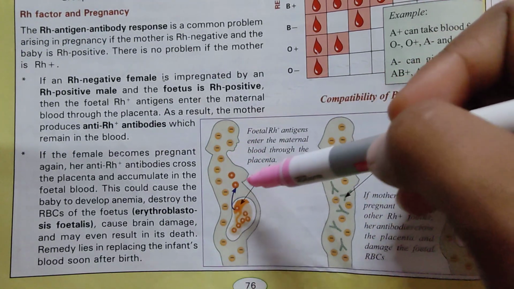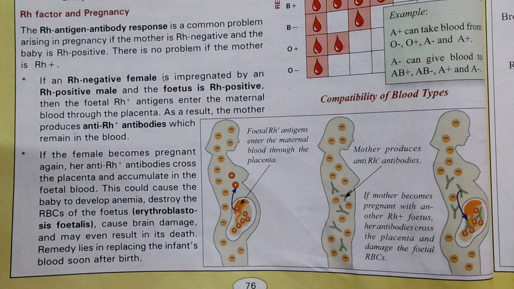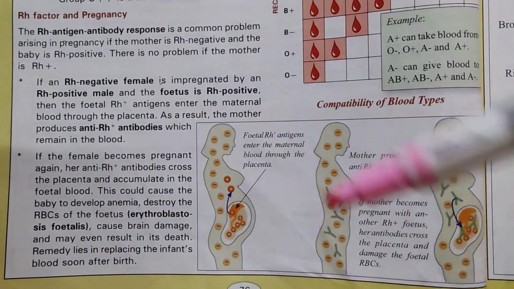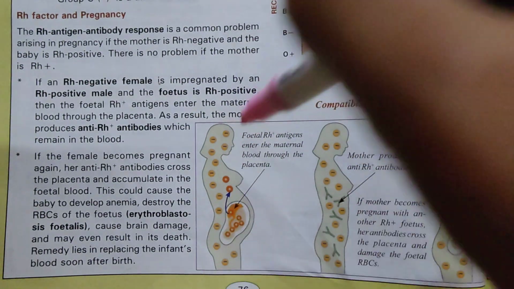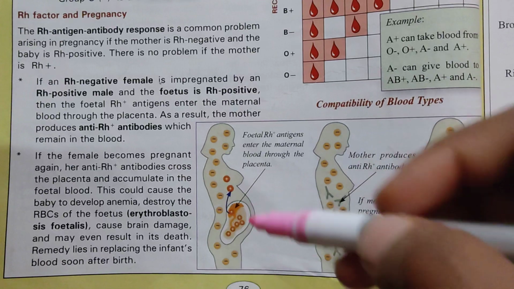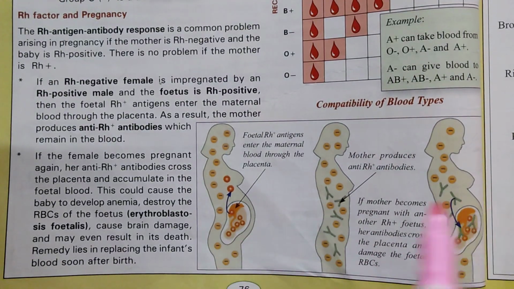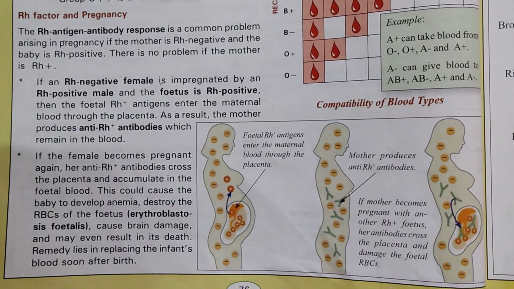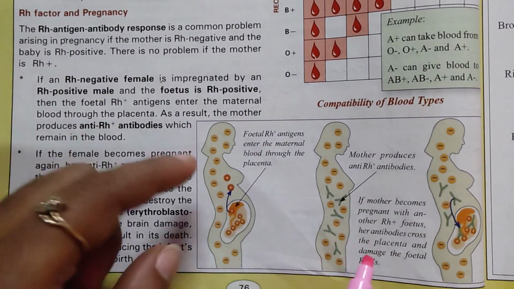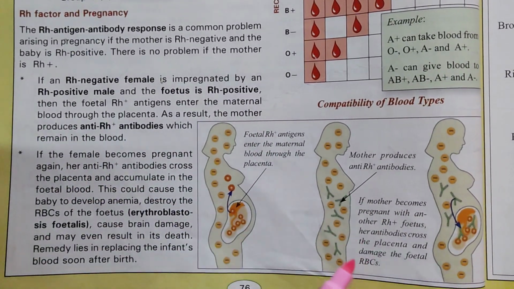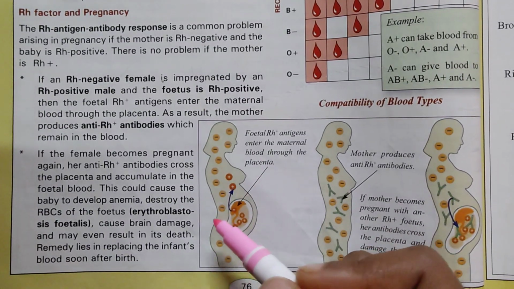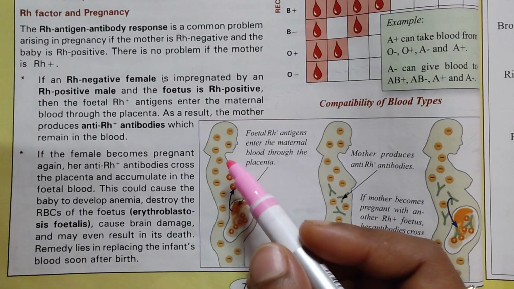Suppose this woman has Rh negative blood, meaning no rhesus factor, and the baby in the womb has the Rh positive factor. Through the placenta, because the placenta is the connection between the mother and the baby, the Rh positive blood will enter the maternal blood.